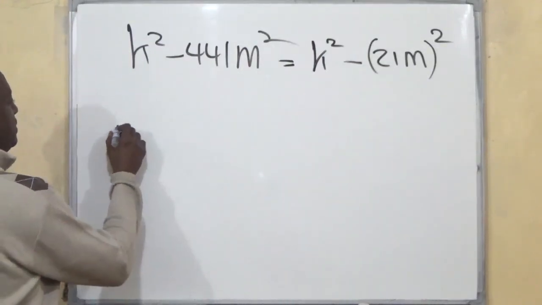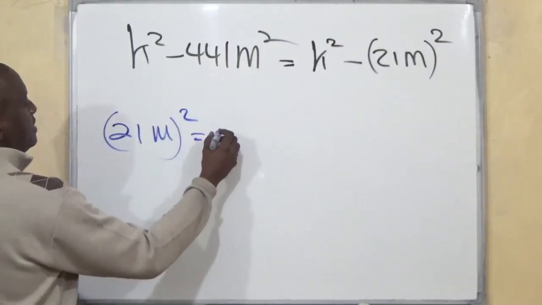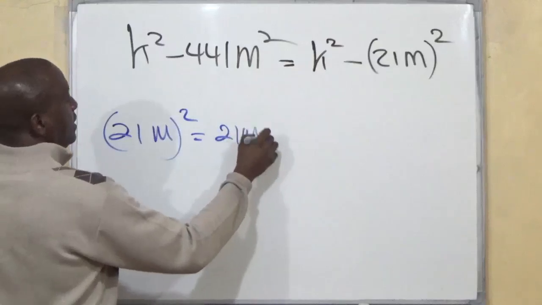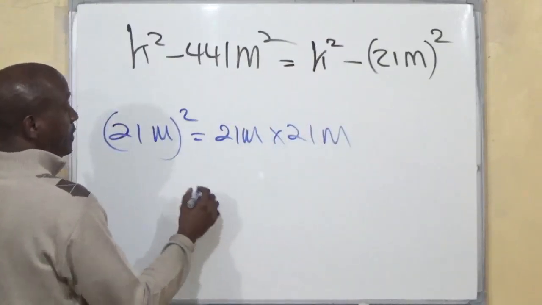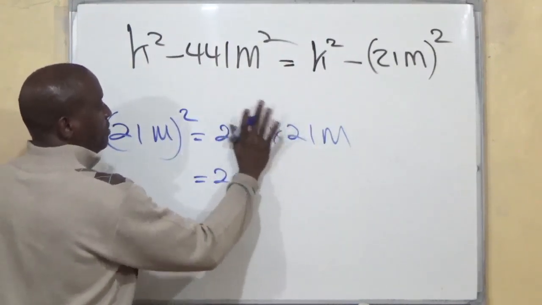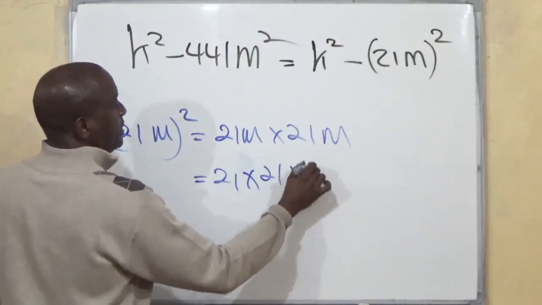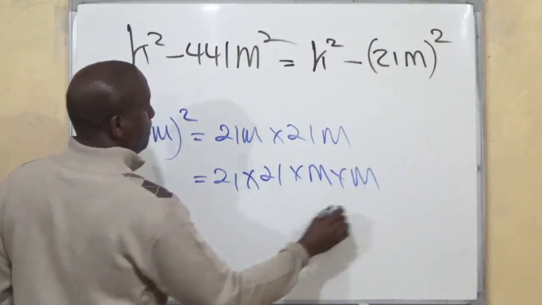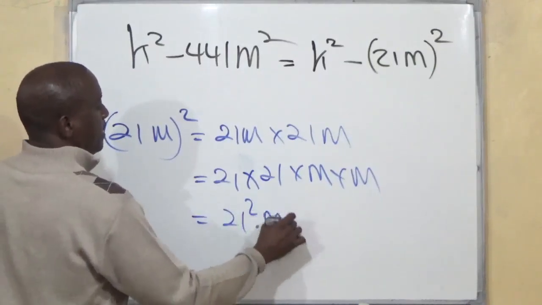You have to remember that 21m squared is the same thing as 21m multiplied by 21m. Well, remember multiplication is commutative, so basically what you have is 21 by 21 multiplied by m by m, which is the same thing as 21 squared multiplied by m squared.